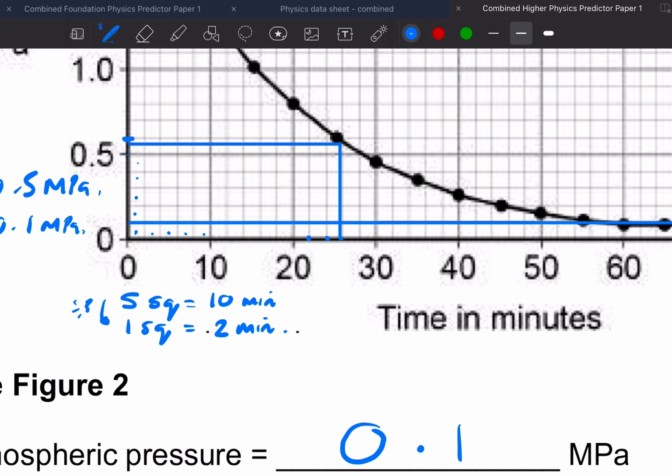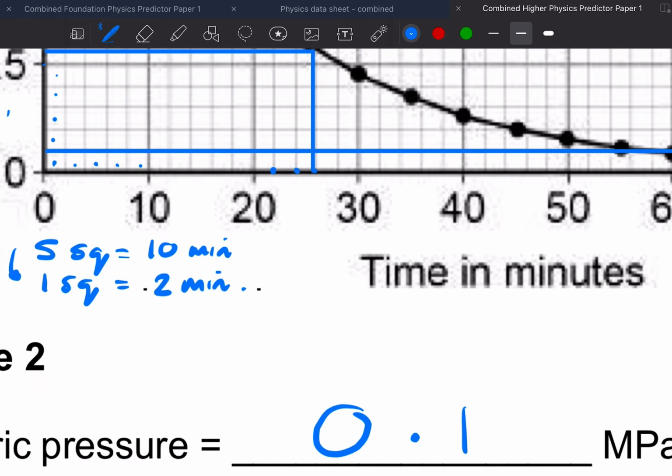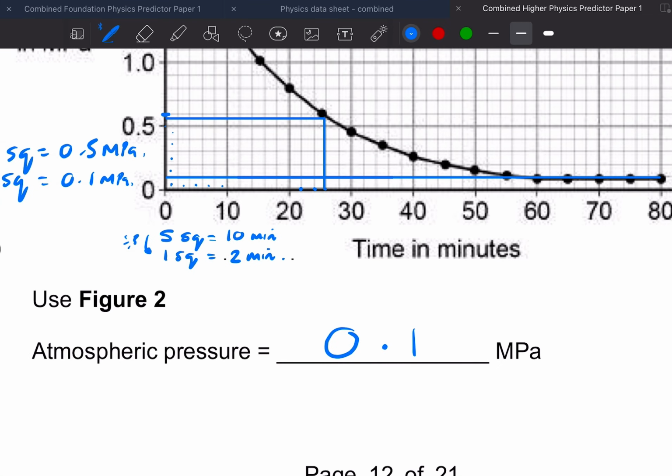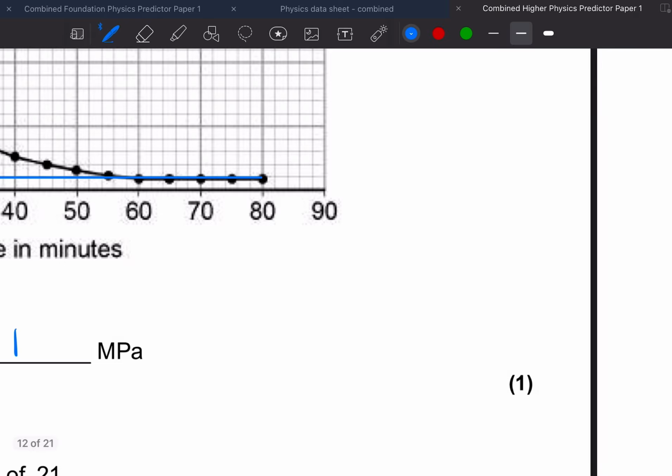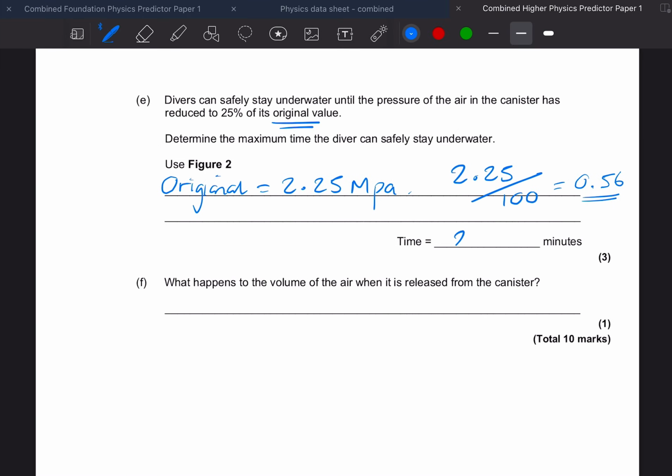About 26 minutes. Maybe a little bit more. 26 minutes. That'll be fine. You're normally allowed half a square of error. So I'd say 26. So we can go back to here. And we say that the time is 26 minutes.